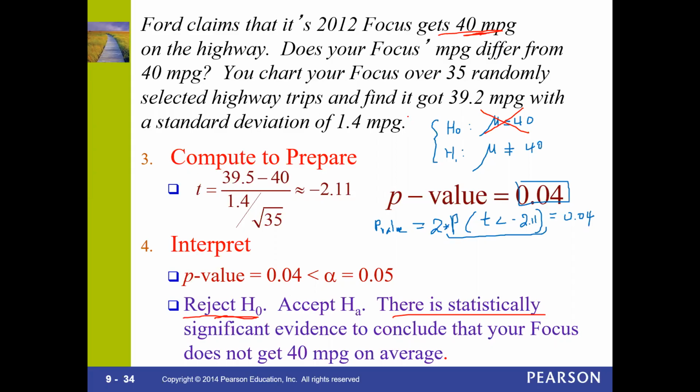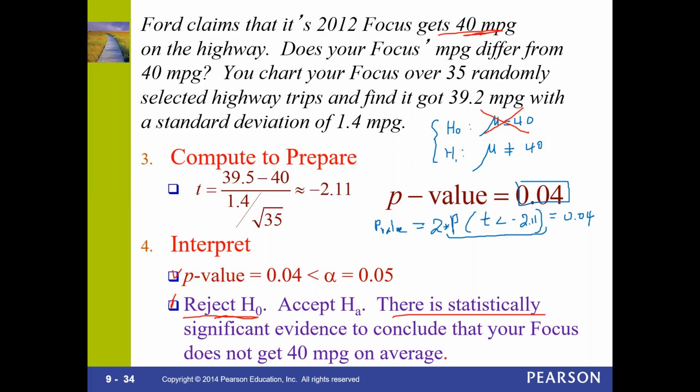The Ford claim was equal to 40 miles per gallon, but when I do my study, I found out that's not true. Maybe we need to do the study again, but I do not have evidence that Ford's claim is true.